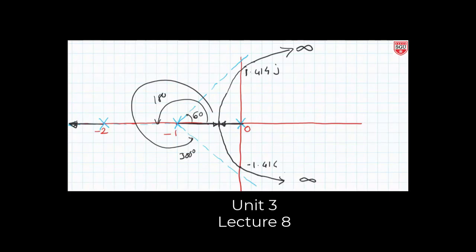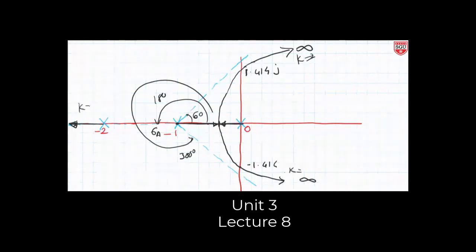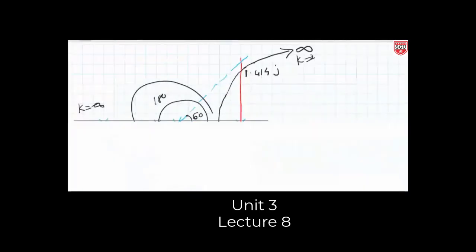Then here is the centroid. Centroid is sigma a. Like that, they will move for k to infinity. Here also k to infinity. Like this, we are drawing the final root locus of this problem.